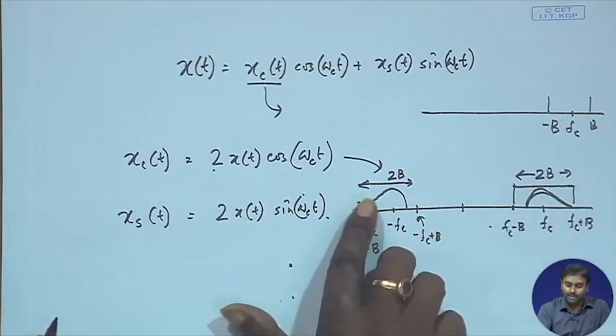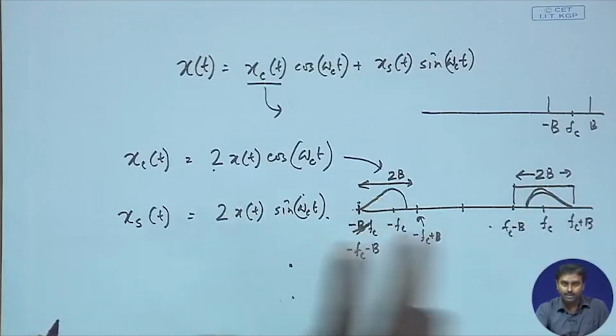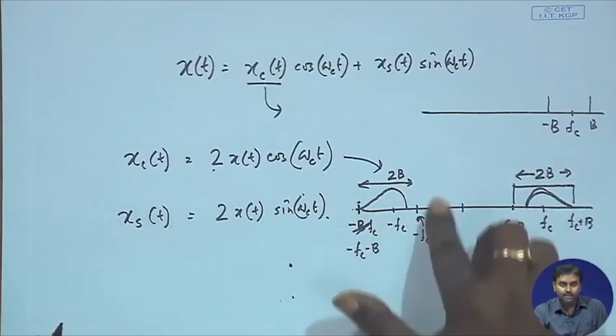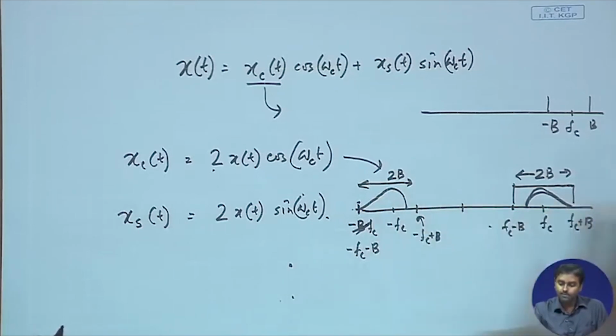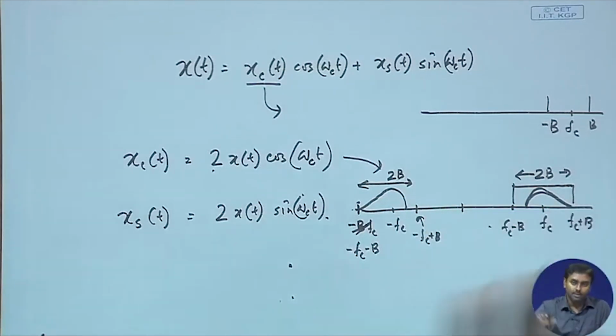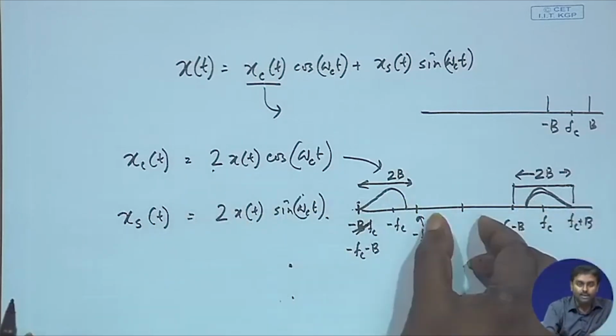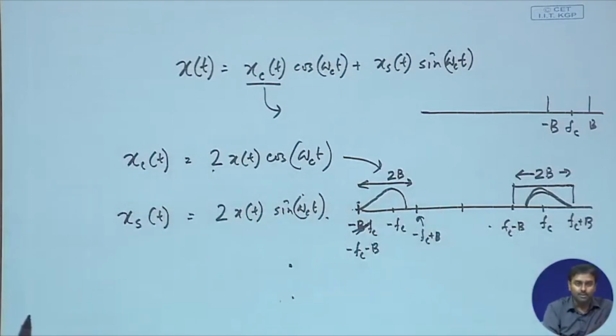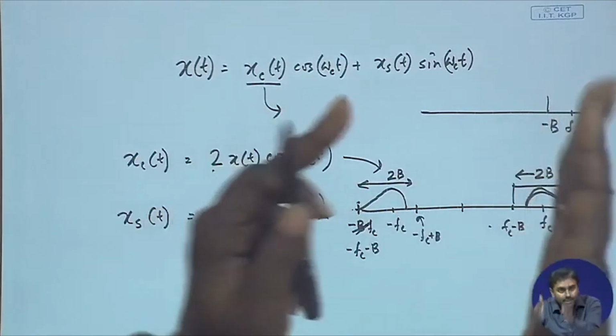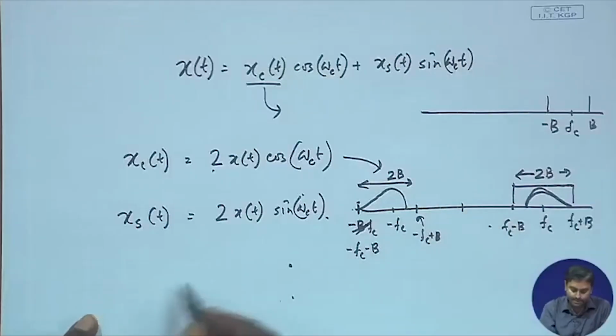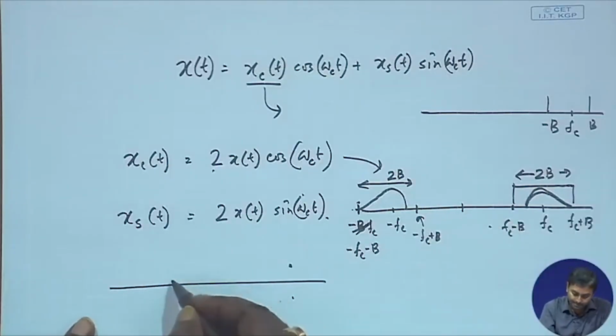Once I shift to plus, this will come over here, and this particular term will go to a very high frequency 2 f c, and when I shift to the other side, this will come over here and this term will go to minus 2 f c. Those things will be anyway cancelled because there is a low pass filter. So, what will remain over here at the center is something like this.